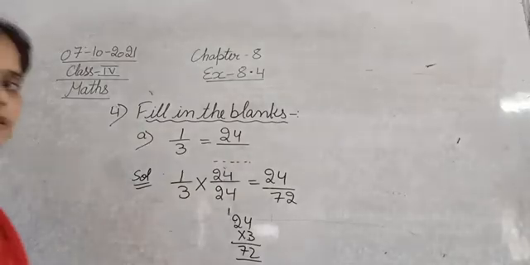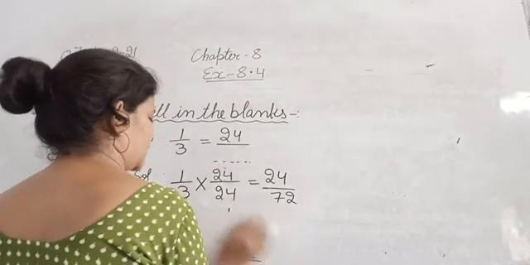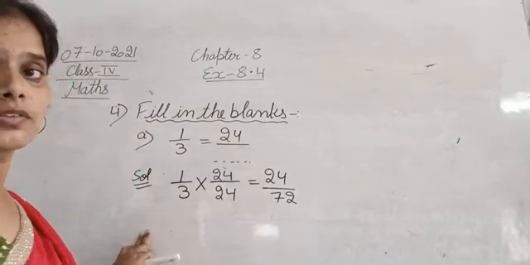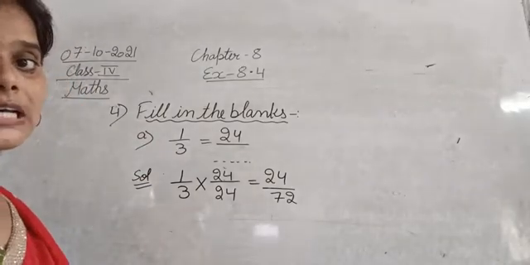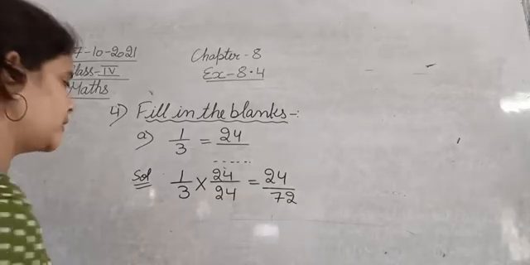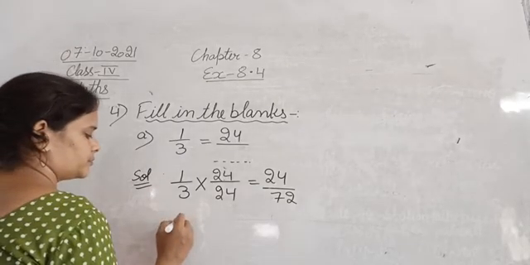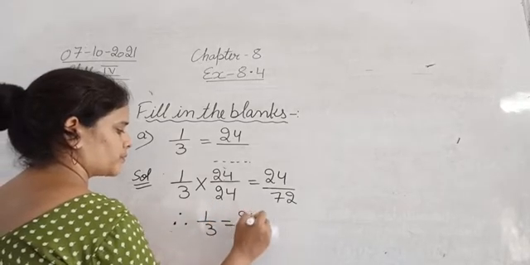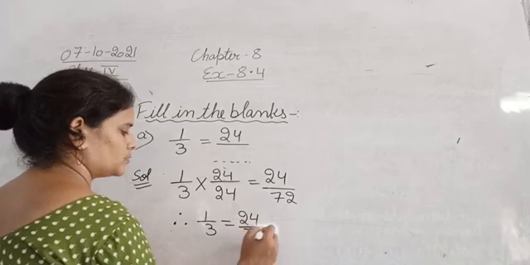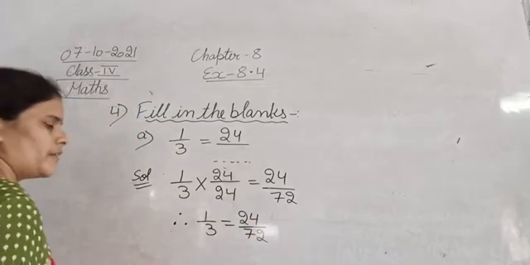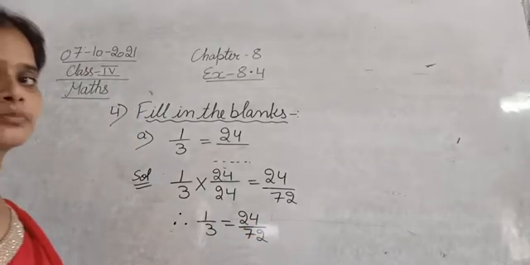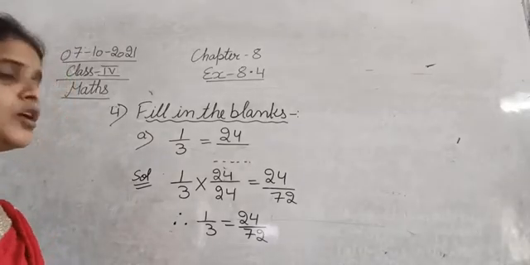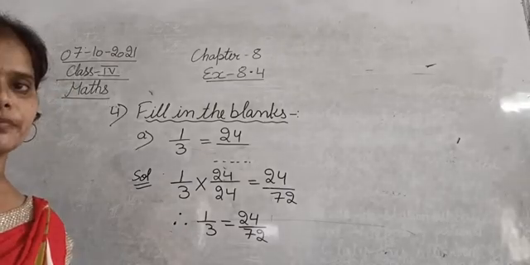So we have got the fill-up denominator. The equivalent fraction is 1 upon 3 is equal to 24 upon 72. Write down, therefore 1 upon 3 is equal to 24 upon 72. Clear? This is the solution of the A part of question number 4.